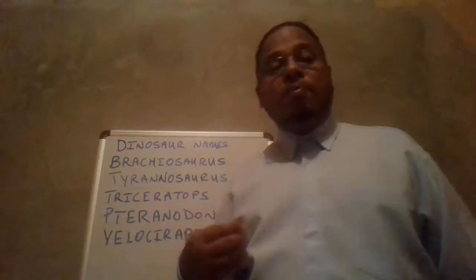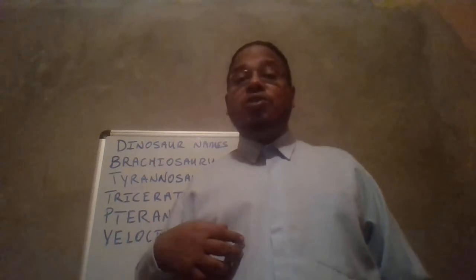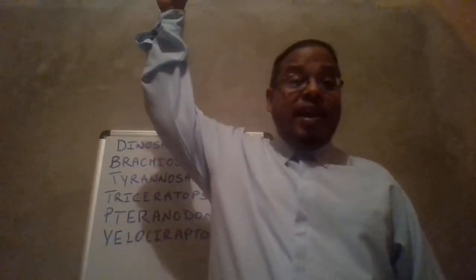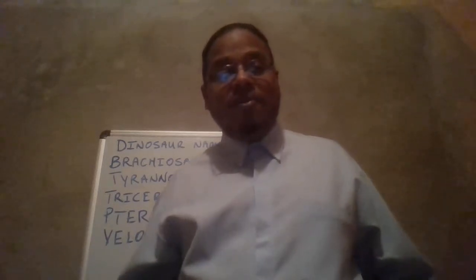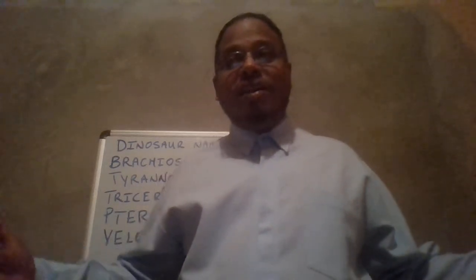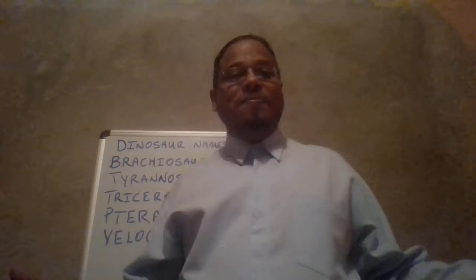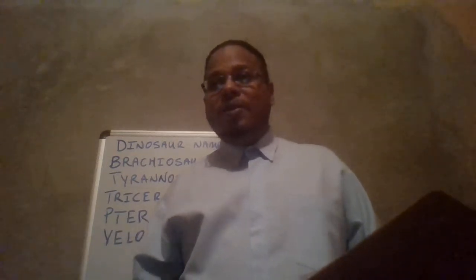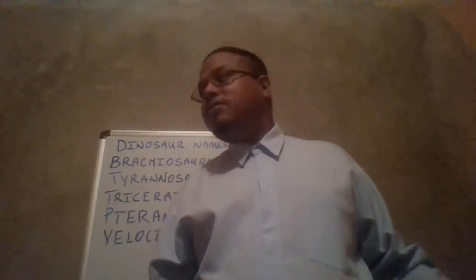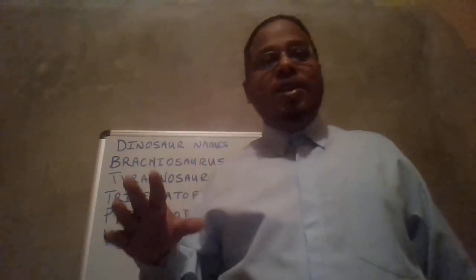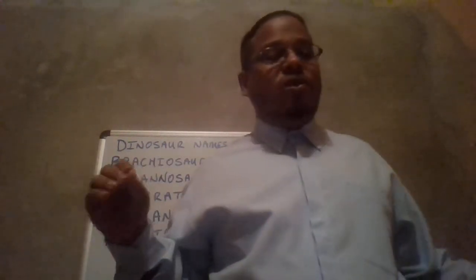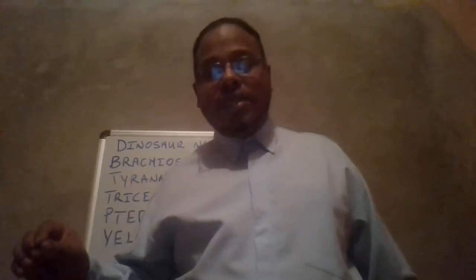Why do I like Brachiosaurus? Brachiosaurus had a very long neck. It was very huge, very, very big. So big that it was bigger than a giraffe, bigger than an elephant, a really huge creature with a really long neck and a really long tail.